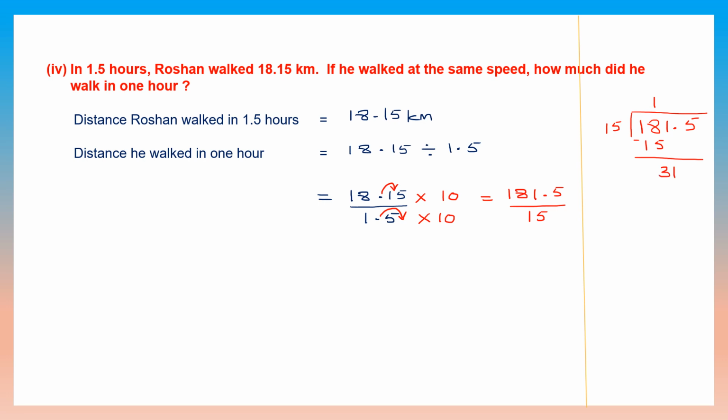I bring down 1 and I have 31 now. 15 twos are 30, minus, 1. I bring down 5. Now here I have a point which I need to carry up. 15 ones are 15, minus 0. So now I have my answer. The quotient is 12.1. So the distance he walked in 1 hour is 12.1 kilometers. So this is our final answer.